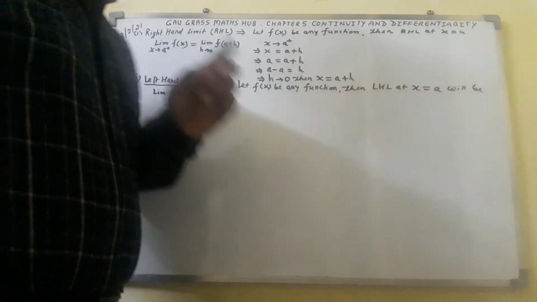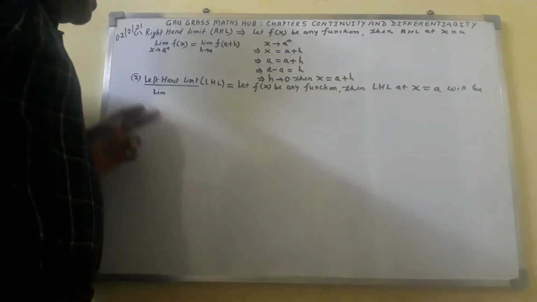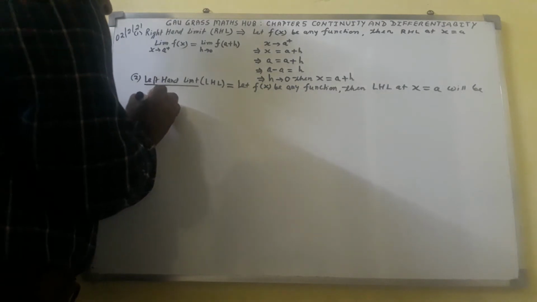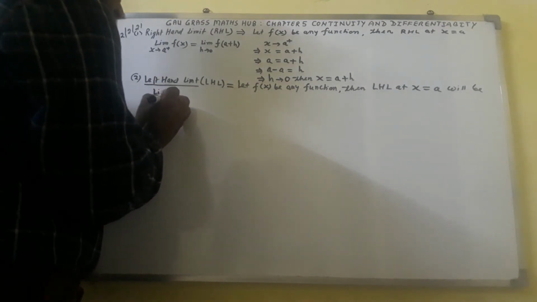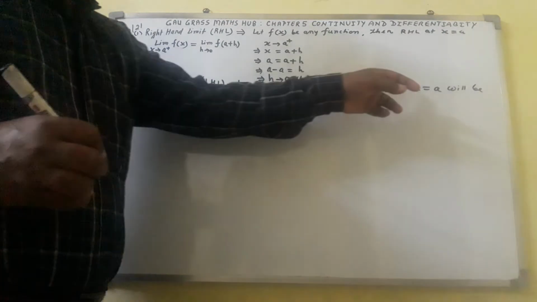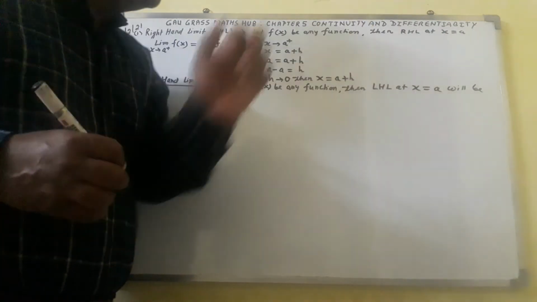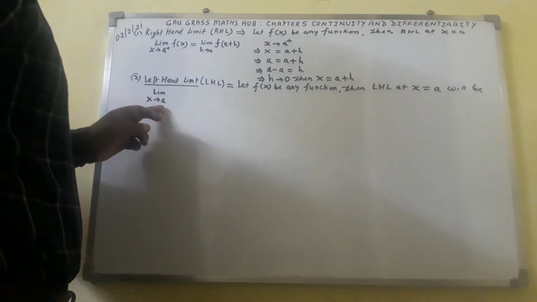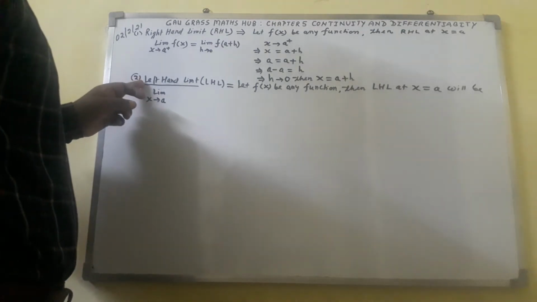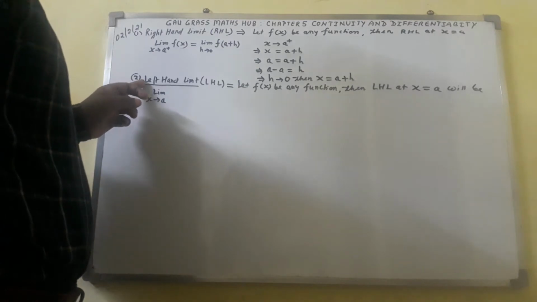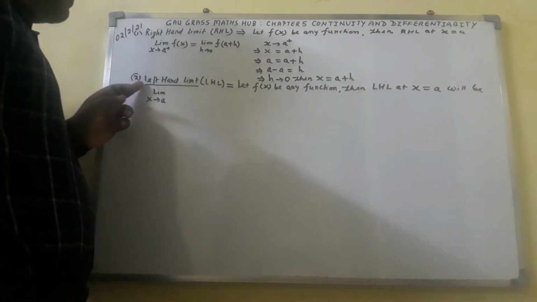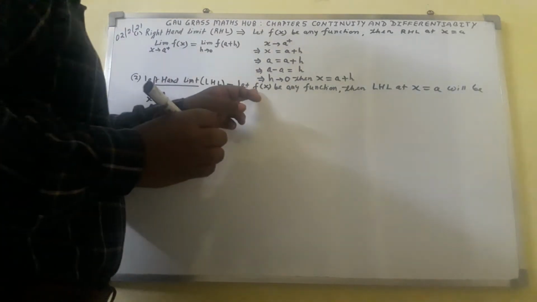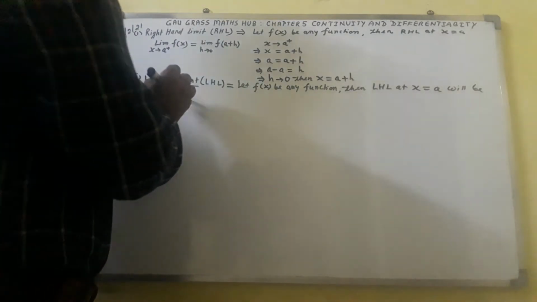x equal to a can be written as, in case of left hand limit, here write x tends a, that is fixed because here x equal to a is there. So in place of x equal to a, I shall write x tends a. We are discussing left hand limit, so for left, here I shall write minus. Because f of x is a function, here write f of x.